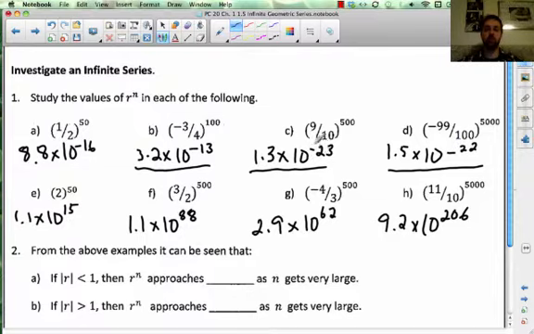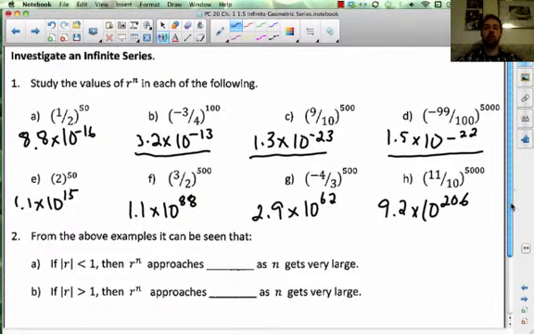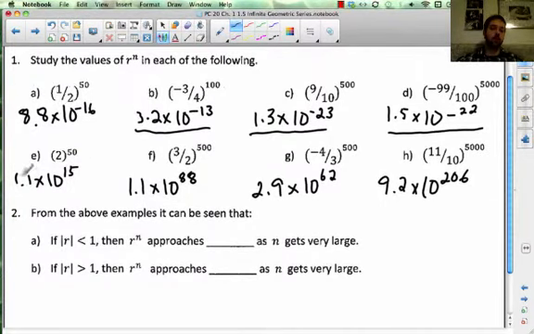So this is 1.3 with 22 zeros in front of it. This is 1.5 with 21 zeros in front of it. So even though we're having very large powers here, we're ending up with very small numbers because we're starting with something that's less than 1 with its absolute value. On the flip side, in the next 4 here, we have numbers whose absolute value is greater than 1 raised to large powers, and we get very, very large numbers.